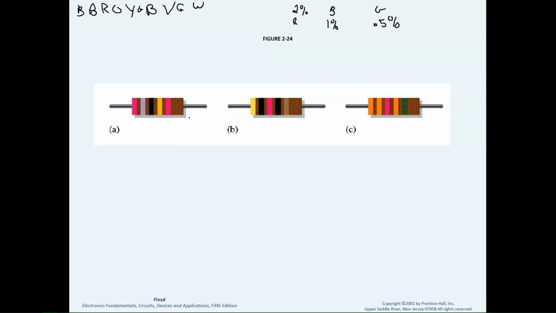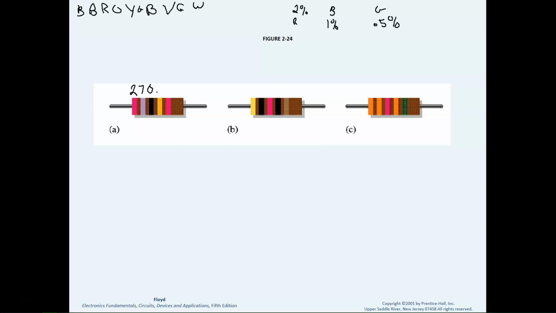Okay. Just so y'all can follow along here, the very first thing you should do is identify your colors. So this guy is red, so that means he's a 2. Violet, you go 0, 1, 2, 3, 4, 5, 6, 7.